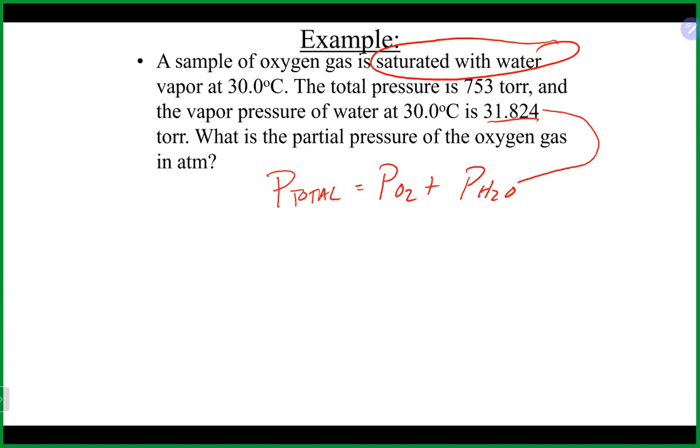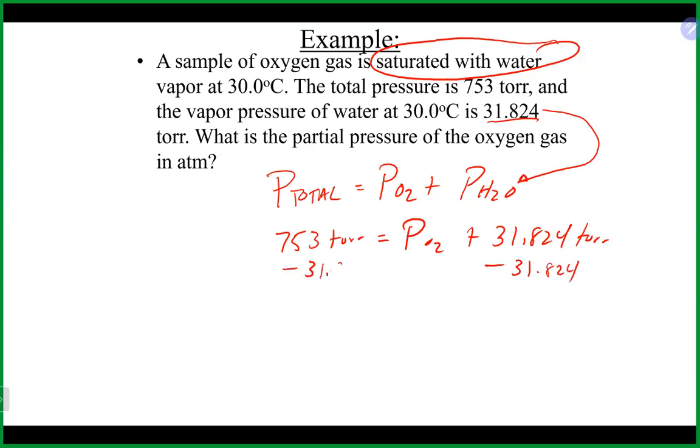Once again, if it was not given to you based on temperature, you would have to look up that value. In this case, our total pressure is 753 torr equals the partial pressure of oxygen plus 31.824 torr. We're going to subtract that to the other side. That will give us a partial pressure of just the oxygen's contribution here of 753 minus 31.824.